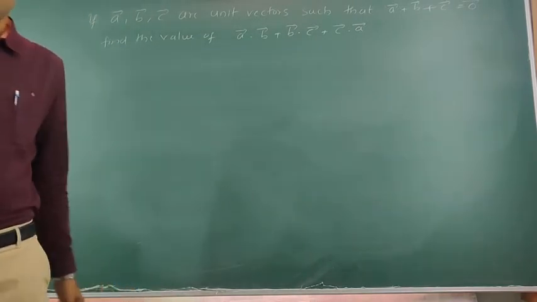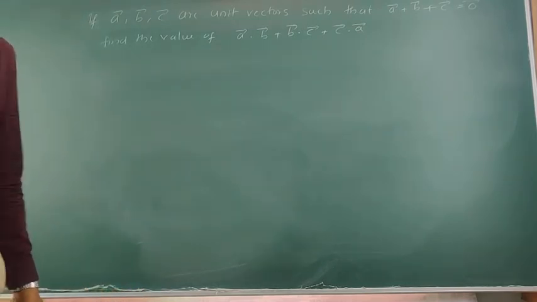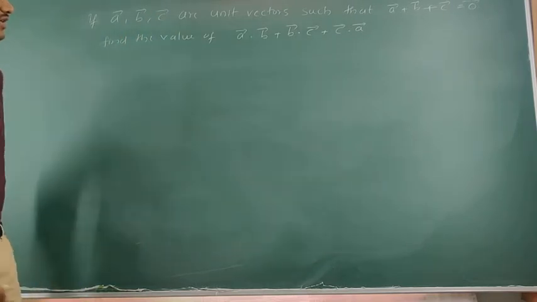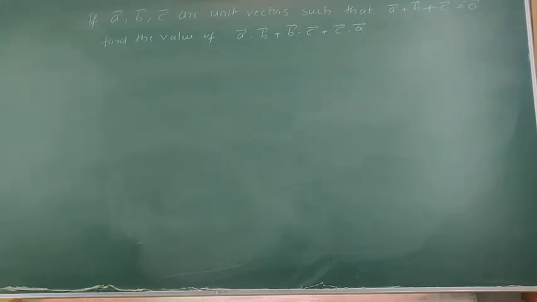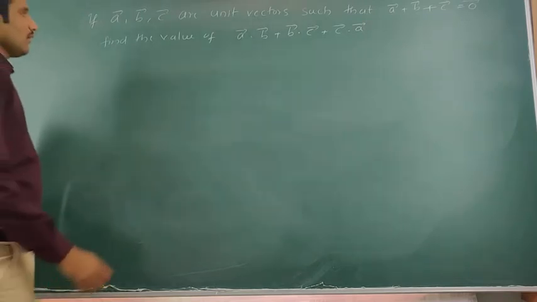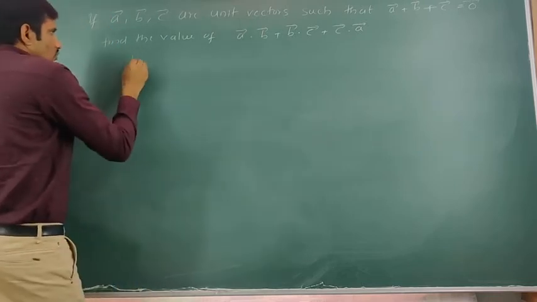See students, if A, B, C are unit vectors such that A plus B plus C is a zero vector, then find the value of A dot B plus B dot C plus C dot A. Now, they are given A, B, C are unit vectors, means what?